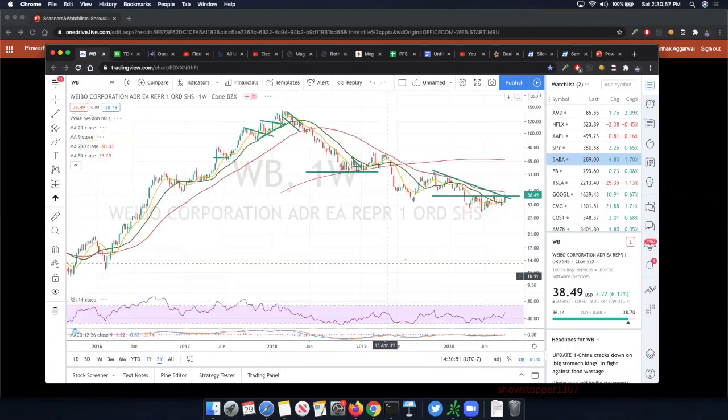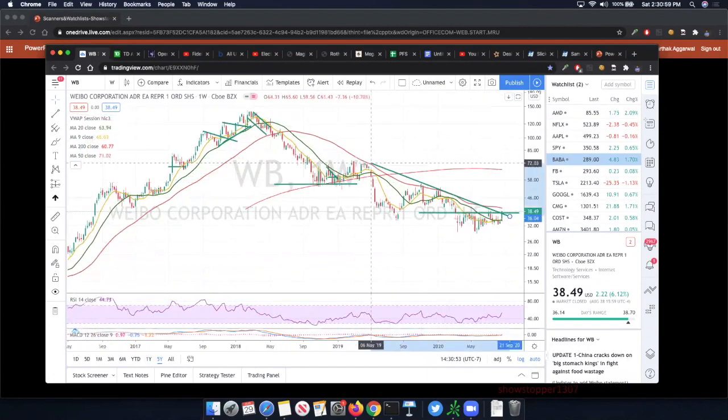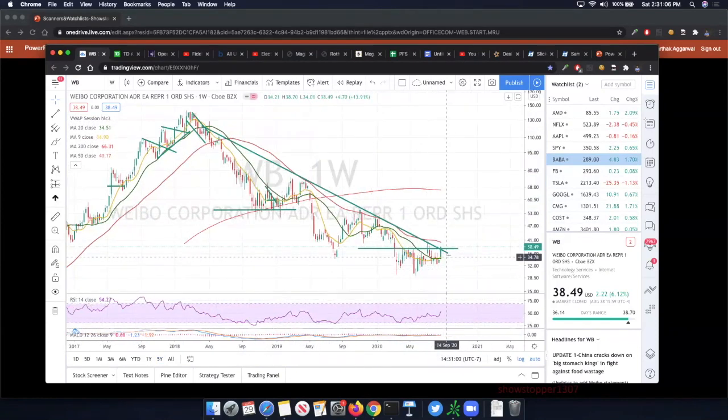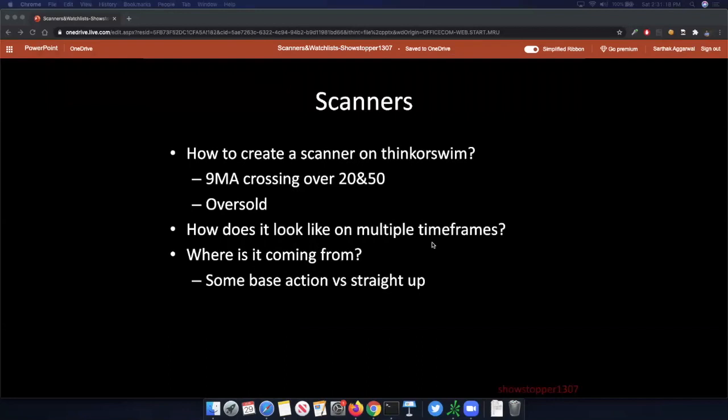On weekly, if you extend this, this trend line is coming from a long time. So this to me becomes even better because it's trying to break out on a weekly time frame. Always remember, the higher the time frame, the better the signal is. So this is what I meant by trying to look at multiple time frames.